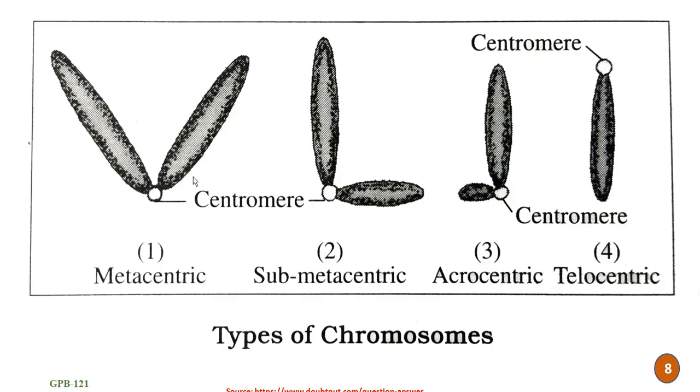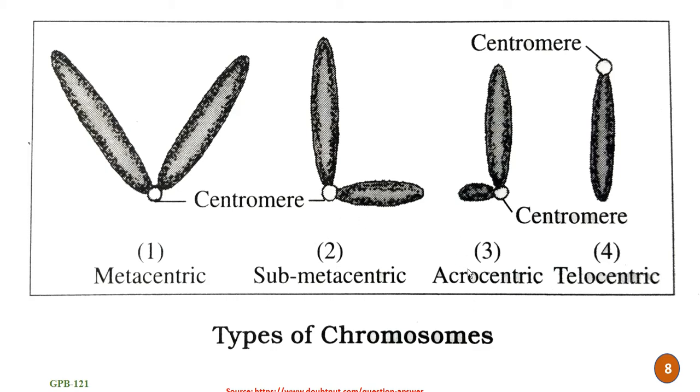Then we can see here the types of chromosome: metacentric, submetacentric, acrocentric, and telocentric. The metacentric has the centromere at the center, while the submetacentric has the centromere just away from the central position, just near to the central position, which leads to the L shape.